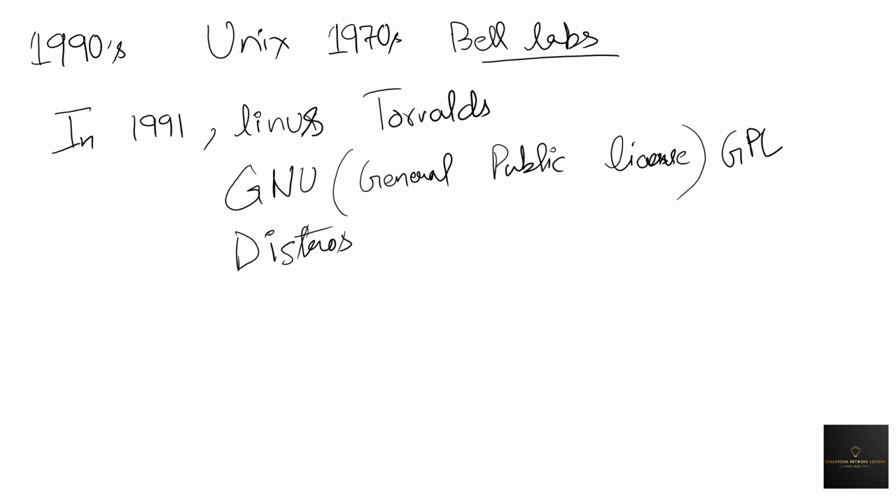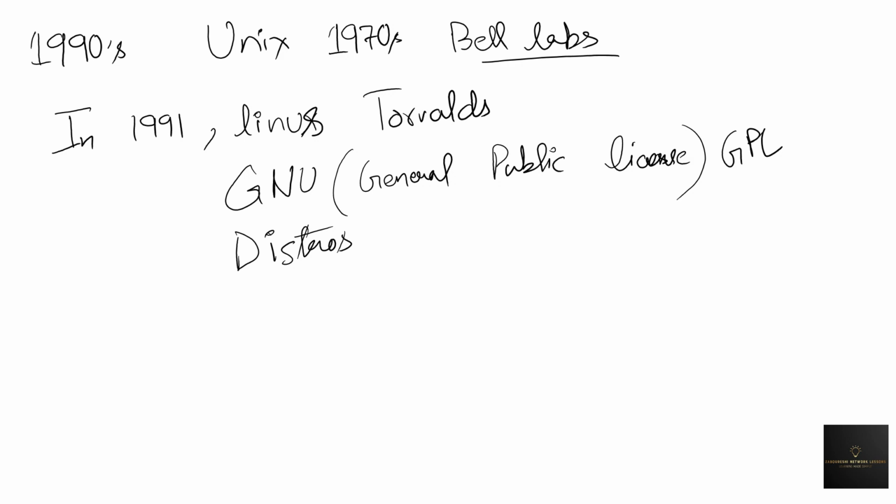Today, Linux powers a significant portion of the world's servers, supercomputers, and also smartphones via Android and many other devices. It continues to be actively developed and maintained by a global community. Understanding the history of Linux helps appreciate its evolution and impact on the tech industry.